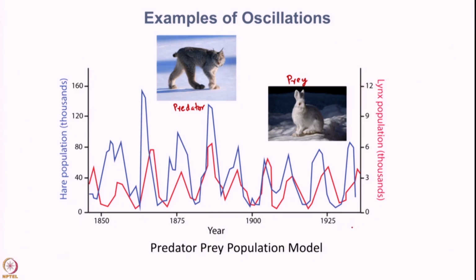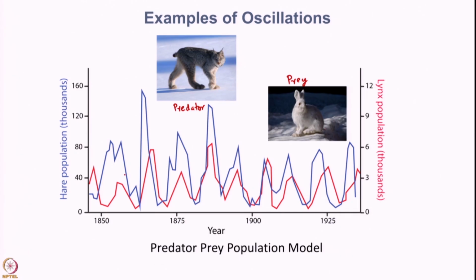So over a 100-year period you can see the population of lynx as well as the rabbits oscillate. On the left axis you can also observe that the hare population is in the range of 40s to 160, whereas the lynx population is around 0 to 12. So very few predators are needed and the prey population is usually very large.